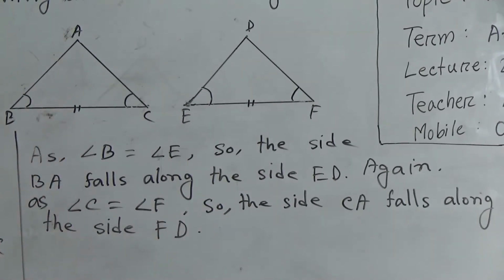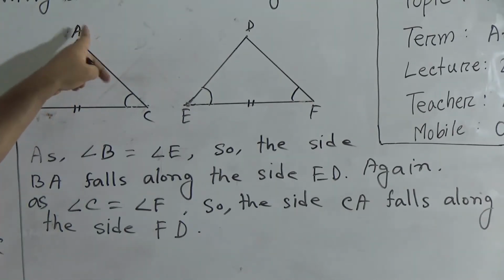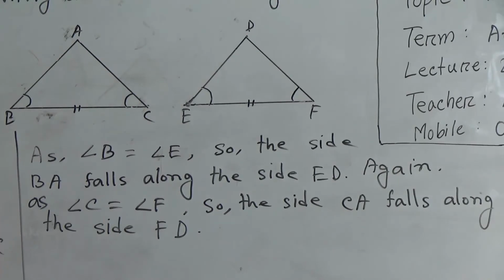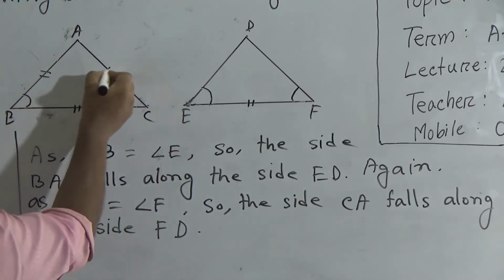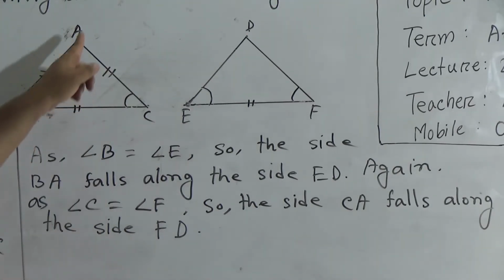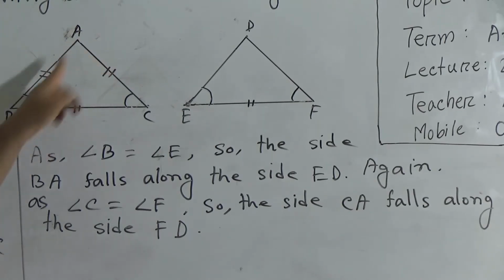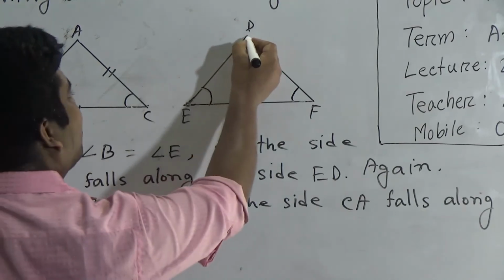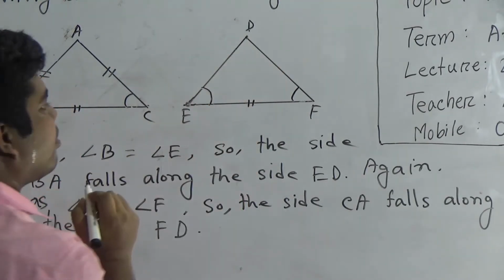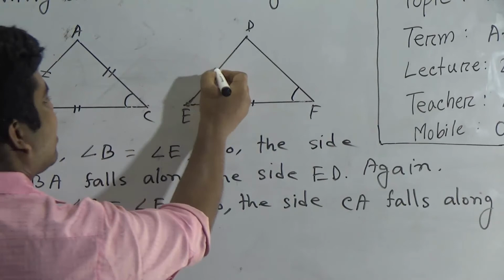Now my dear students, notice A is common point. A is common point of which side? Side BA and CA. Notice the common point A of BA and CA coincide with the common point D. D is the common point of which side?